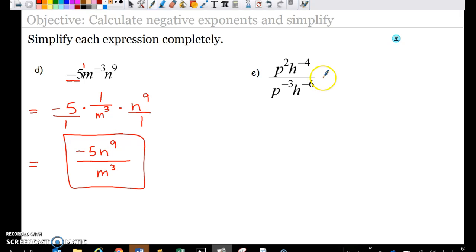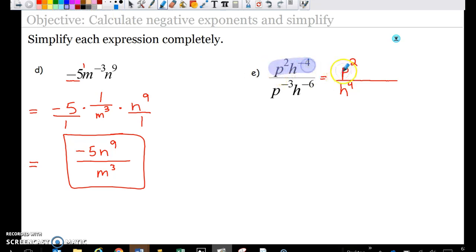Over here, it's a little bit more complicated fraction, letter e. It's going to be p to the 2nd power. And remember, h to the negative 4th is the reciprocal of h to the positive 4. So that's going to make this h to the 4 go to the denominator. I should use a highlighter here just to code what has been done.